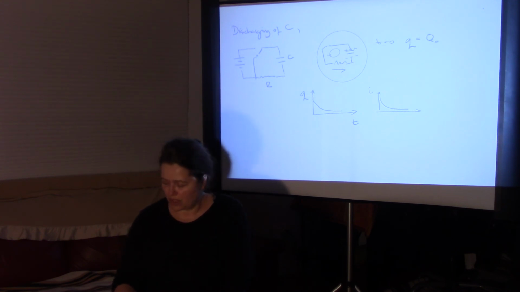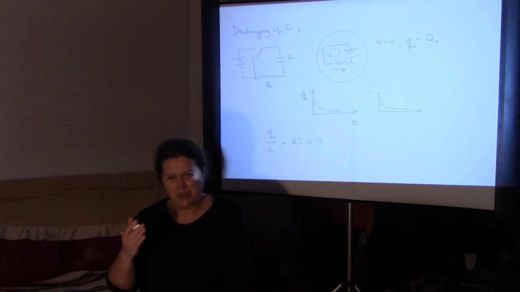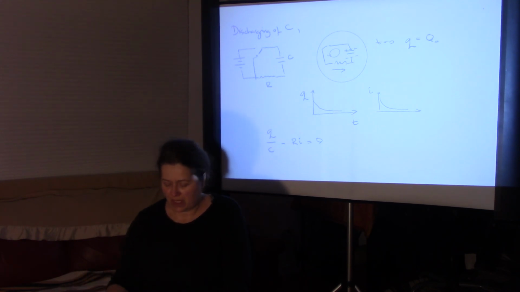So in Kirchhoff's rule, you'll have Q over C, which is the rising potential as you go around the loop, and then minus R times I, I being the current, which is a variable in this circuit. The current is going to decay in value, and we will show that in a moment.